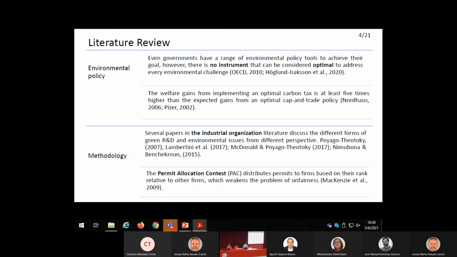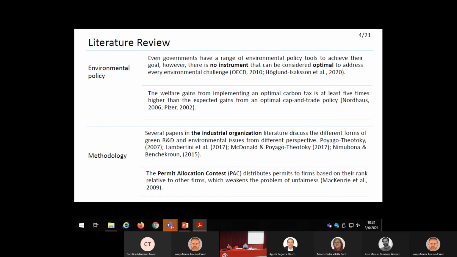From the environmental policy perspective, one important fact is that even though governments have a range of environmental policy tools to achieve their purposes, no instrument is considered optimal to address every environmental challenge. Some studies show the welfare gains from implementing an optimal carbon tax are at least 5 times higher than those from an optimal cap and trade policy.